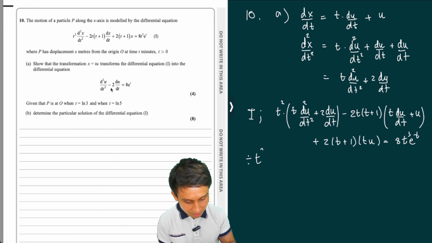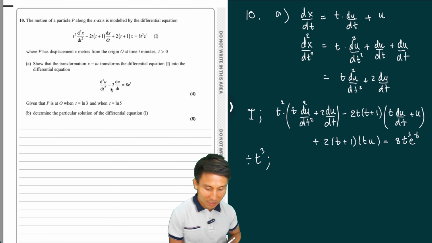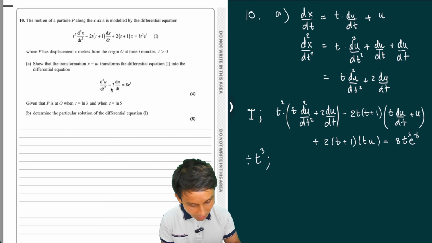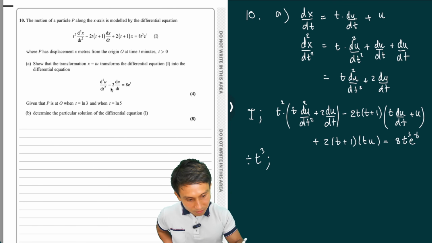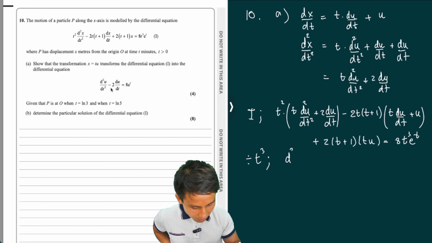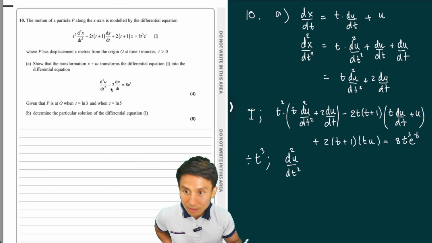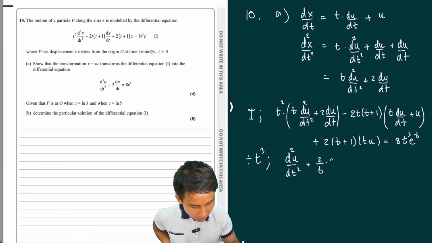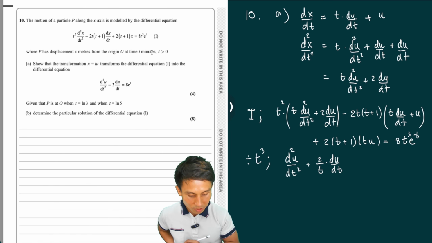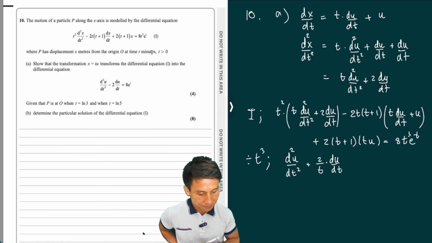So the first term, you got t squared here already, so after you multiply t squared to this, you get t cubed, so the first term will be without any t. That's what we expect. And then the second term, you're going to get 2 over t du by dt, because you're dividing across by t cubed.